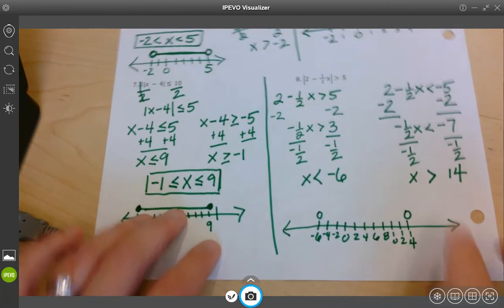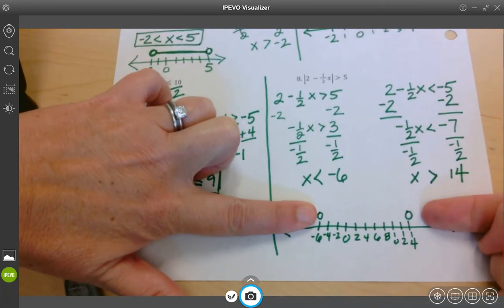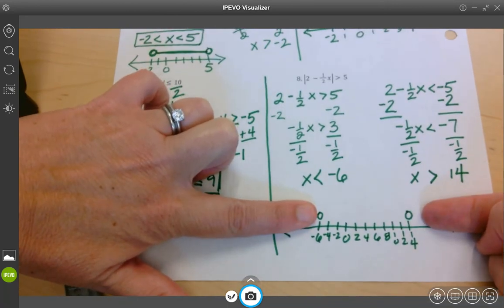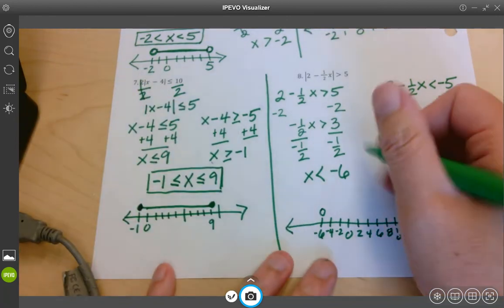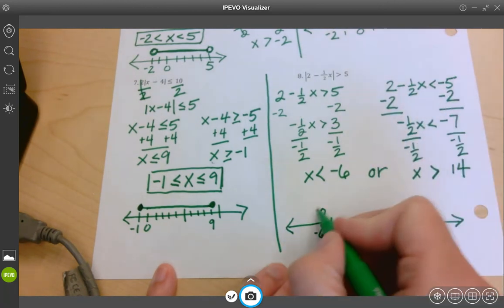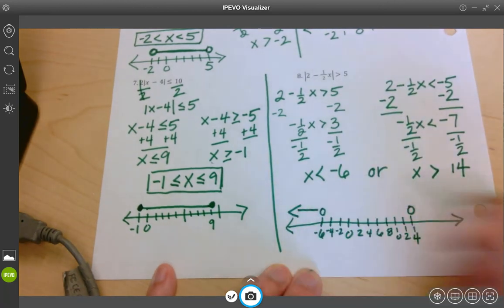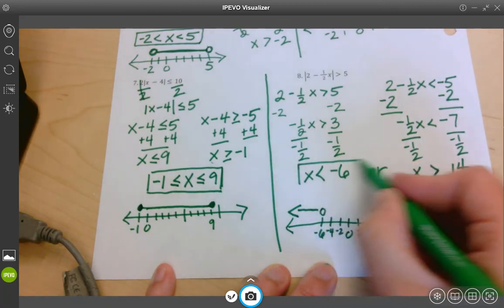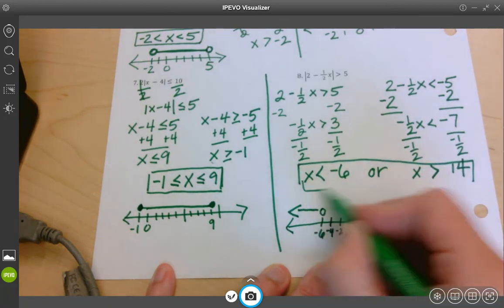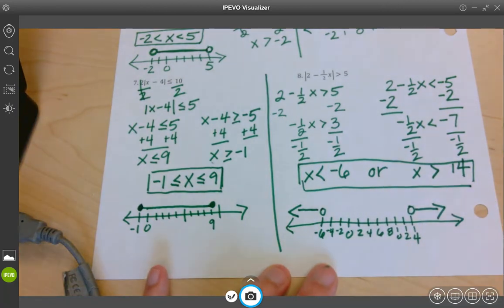Is it possible to be both less than -6 and greater than 14? Yeah. What number would that be? Yeah, it does have to be or, because you can't be both. So you could be less than -6, or you could be greater than 14, but you cannot be both. Okay?